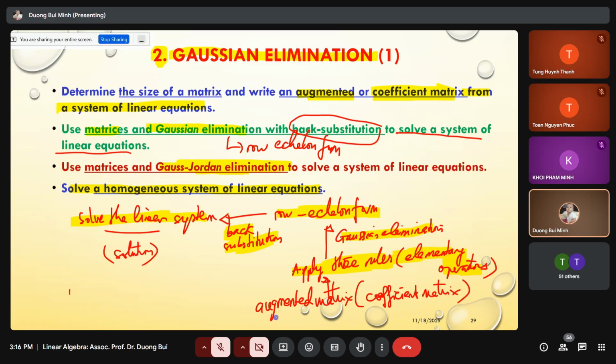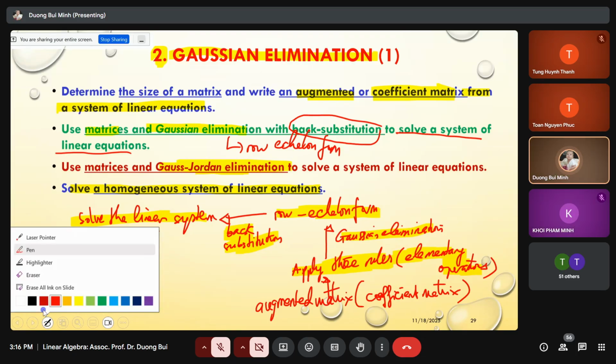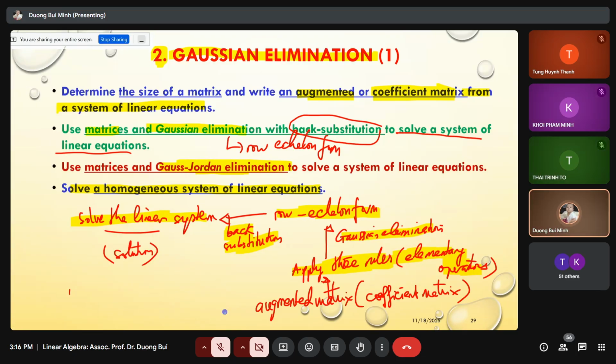Okay, yeah. So now how many steps do we have? 4 steps. Step 1, I just say S1. S1 means step 1. You need to write the augmented matrix or coefficient matrix.